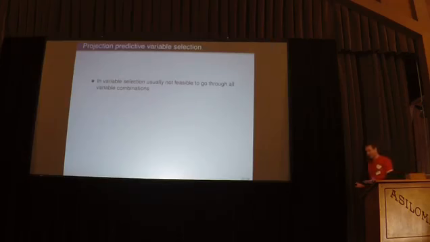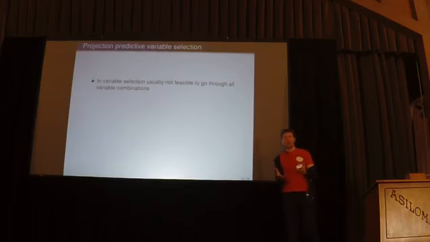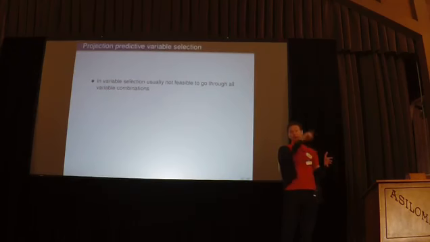So it's not feasible usually to go through all possible combinations. Of course, if we have a small number, then we would. And that's why we would most often use forward selection, because if we assume that there's only a small number of relevant variables, we can stop the forward selection early, as soon as we get a good performance.